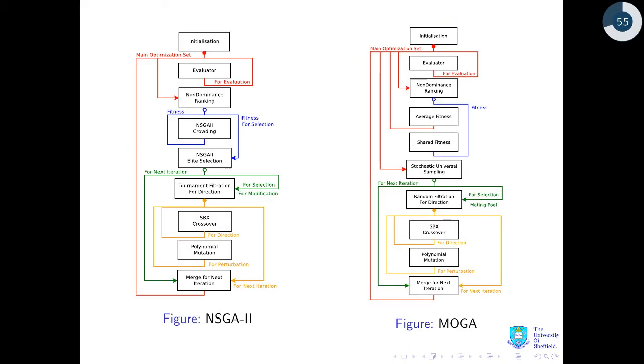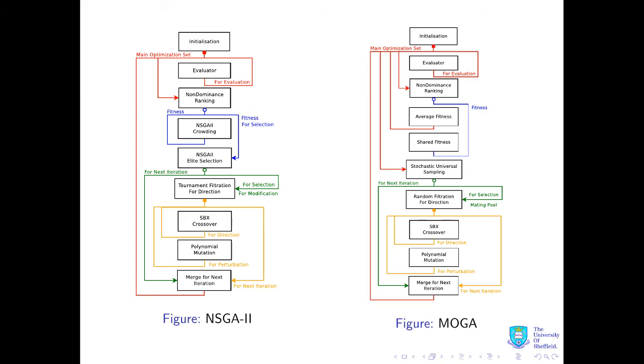First of all, I'm just comparing NSGA-II with MOGA here. We can see that because they are both based on non-dominance ranking, they both share the non-dominance ranking operator. NSGA-II does crowding and elite selection, but MOGA instead does something else.